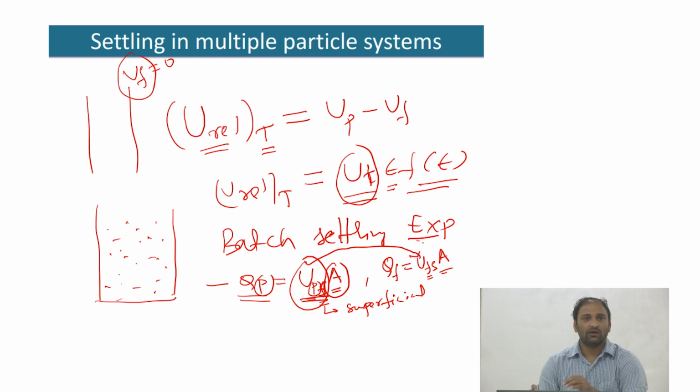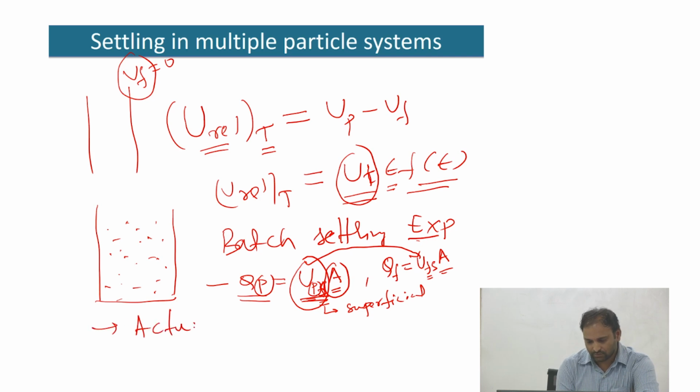However, we know that out of this entire cross-section, a certain area is occupied by the particles and a certain area is occupied by the fluid. Therefore, if I consider the actual area that is available for the respective fluid and particle, then you define what are called actual velocities.